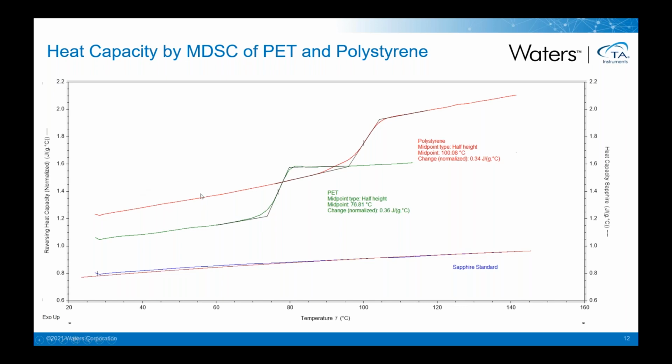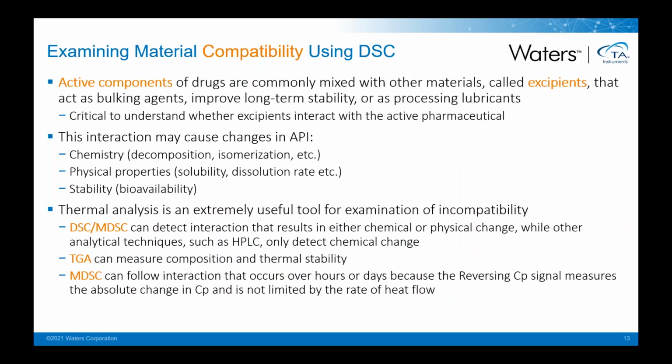So in each of these cases, we get an accurate measure of Tg plus a quantitative value of heat capacity for each of these 2 materials. And we have essentially saved some time and allowed ourselves the opportunity to dig in a little bit deeper and investigate these materials in a little bit more detail.